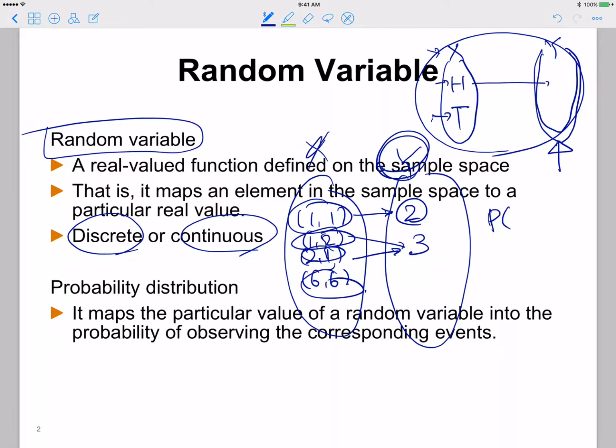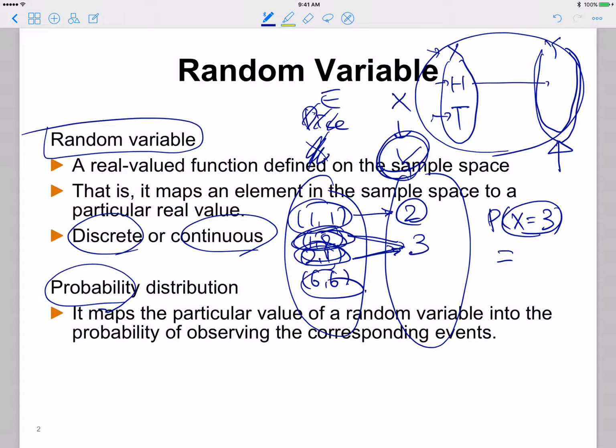So let's call this maybe dice, our experiment, for example. And then the experiment output is mapped into the random variable x that we call. Then if x is 3, we can consider the probability of x being 3 by summing up the probability of each of these corresponding events. Okay, so that way we can define this probability corresponding to a particular value of our random variable.